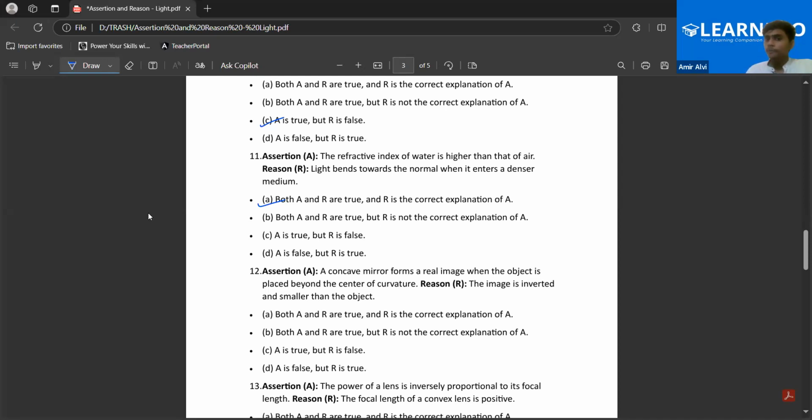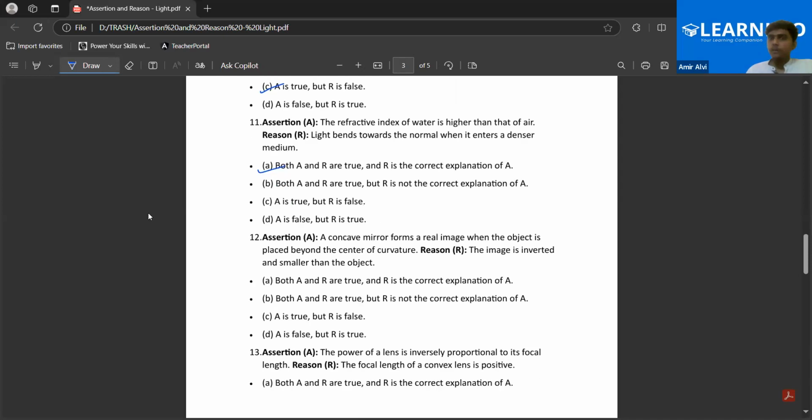Am I clear to all of you? But sir, it is not the reason for A. Harshit, if you're talking about the refractive index, the light bending is already involved in it.